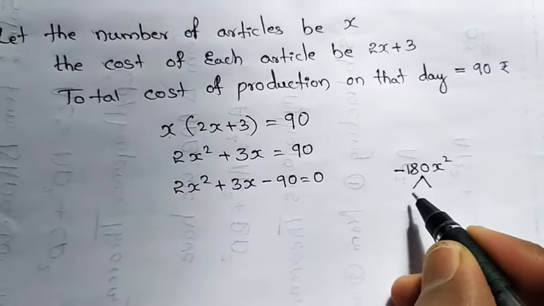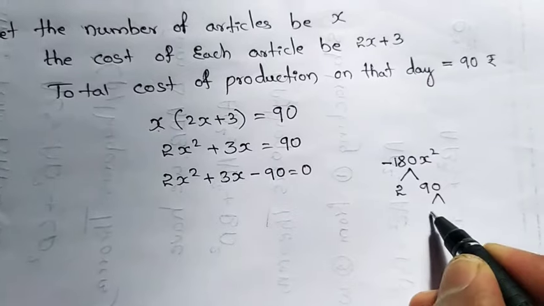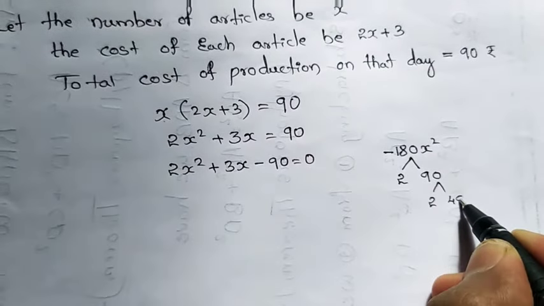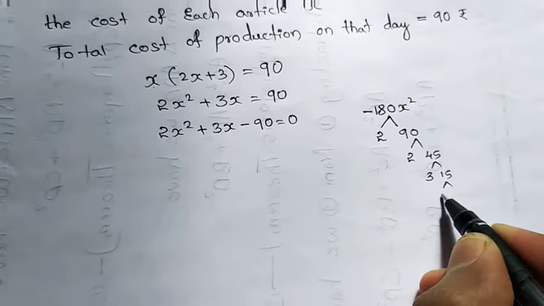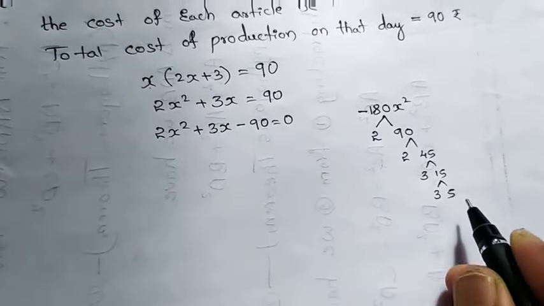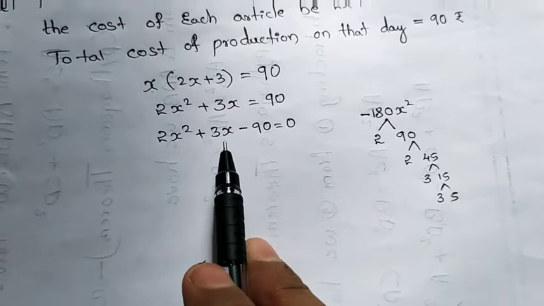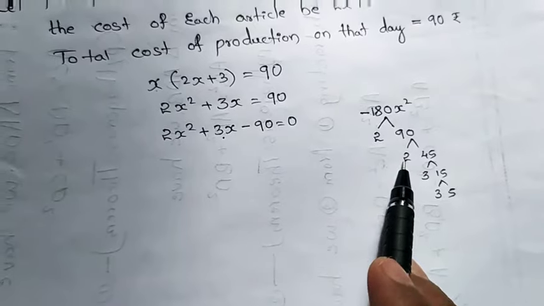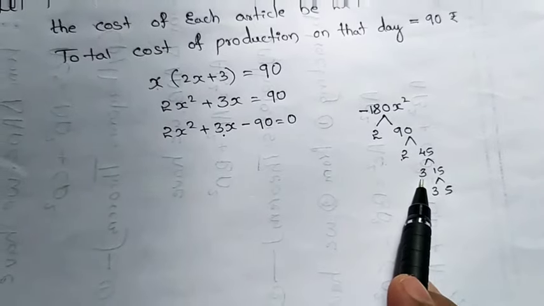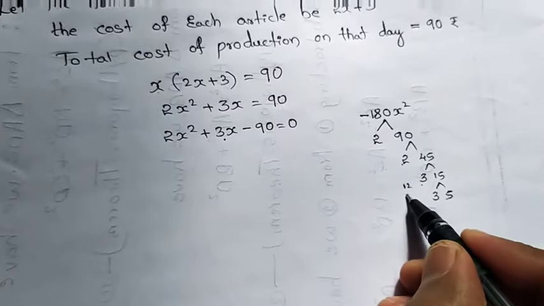So directly I will take here from 90: 2, 45; 3, 15; 3, 5. Using these factors we need two numbers to split the 3x. So I will take 2 2s are 4, 4 3s are 12, and 3 5s are 15.